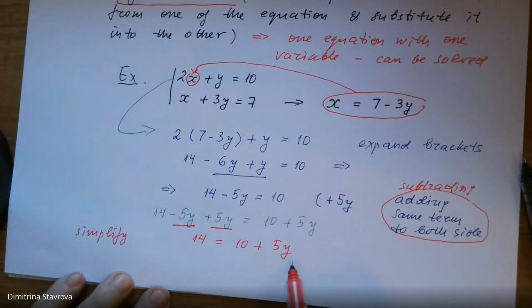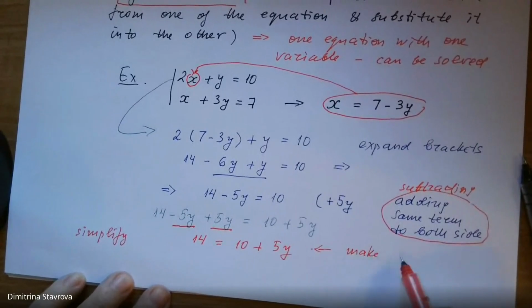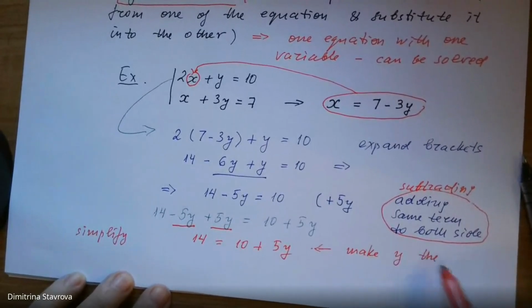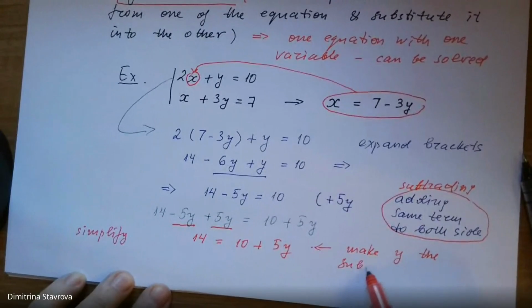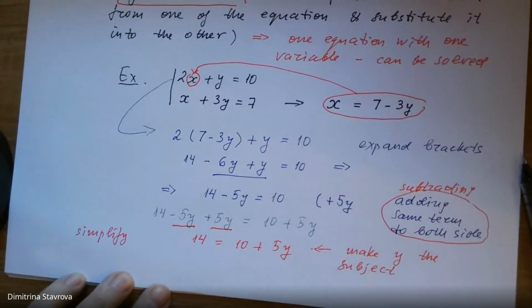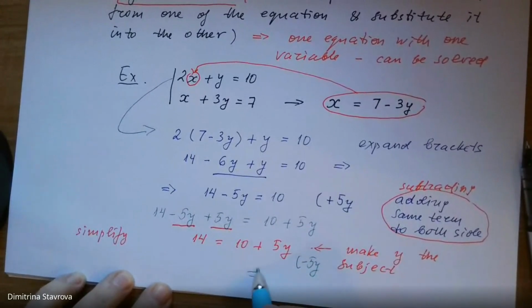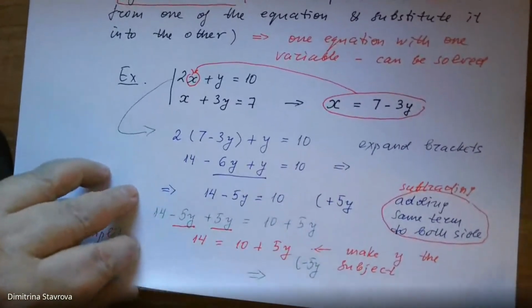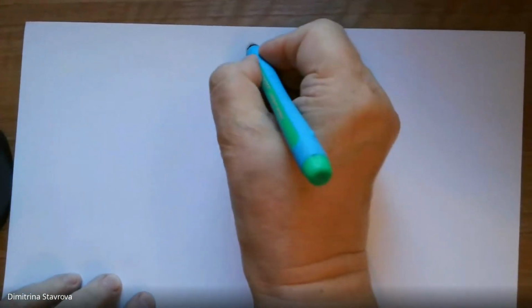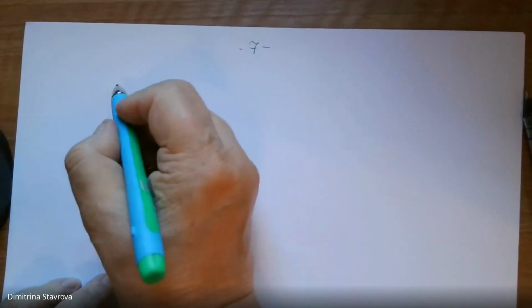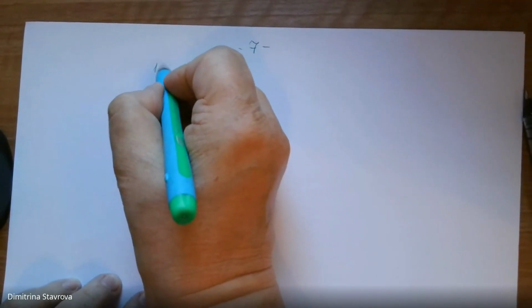And because we want to make y the subject, we should subtract from both sides 5y. And we go to the next page and we obtain 10.